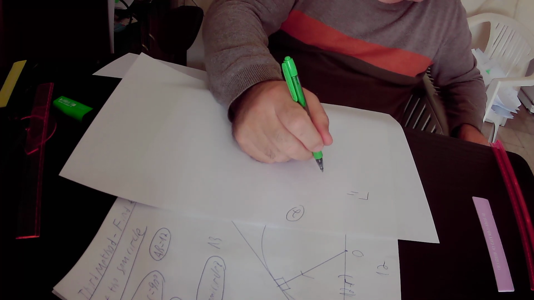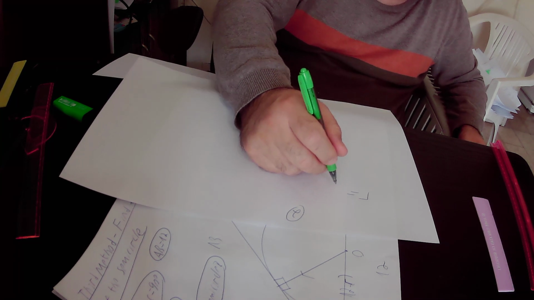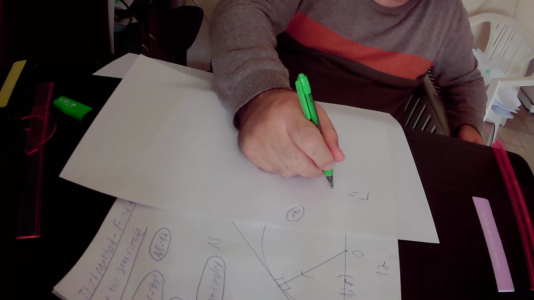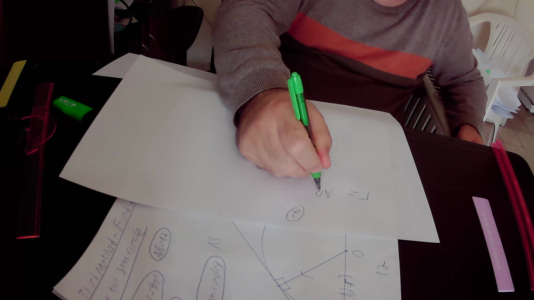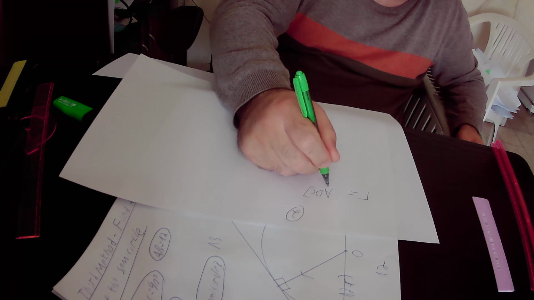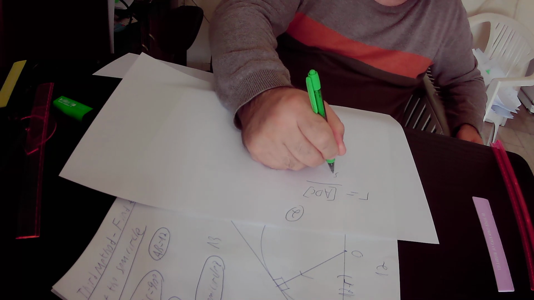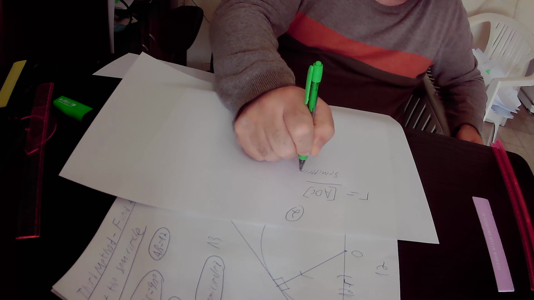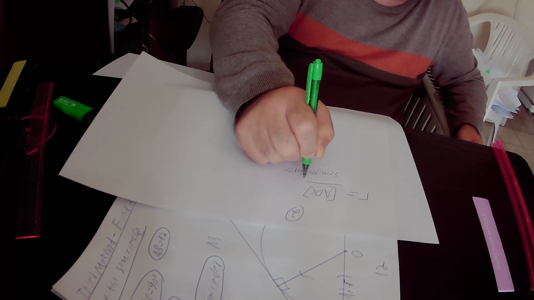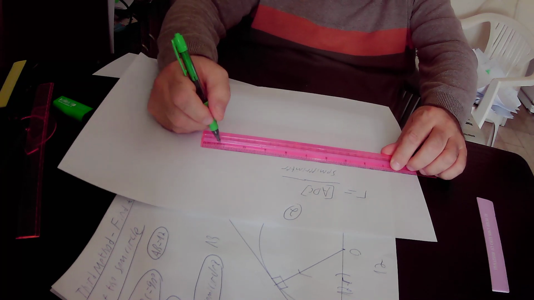The radius of the circle that is inscribed by triangle ADC equals the area of triangle ADC, that we have already found out is equal to 60 square units, over the semi-perimeter of triangle ADC. And the semi-perimeter of triangle ADC equals the perimeter of triangle ADC over 2.